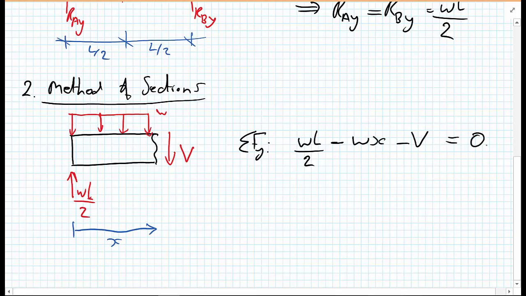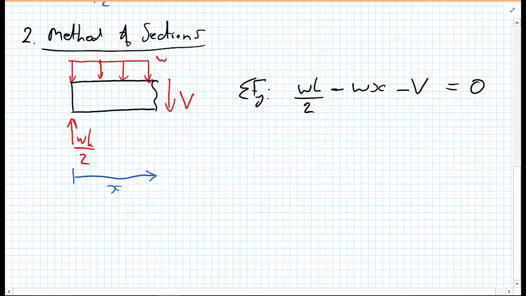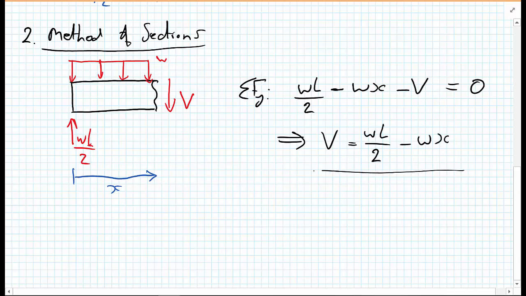We can now rearrange this in terms of V, and we get that V equals WL upon 2 minus WX. So we have a function of X for the shear force diagram.